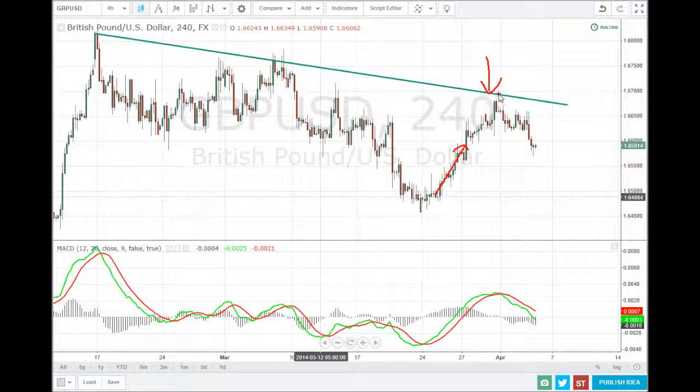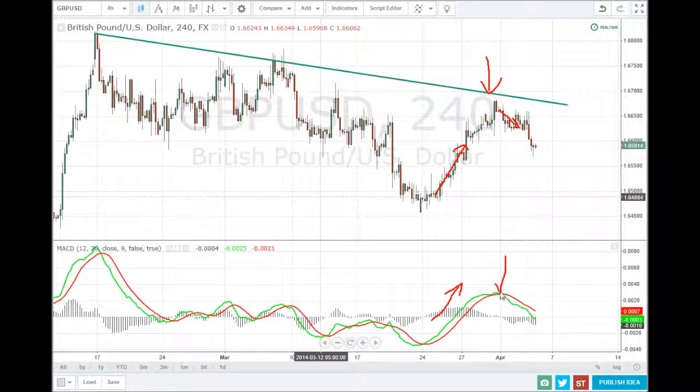You'll notice price doesn't reach this trend or channel resistance and then starts to move on the downside. And you'll also notice that as price is moving up to this resistance, our MACD is above the signal or red line, signaling that price could move on the upside.